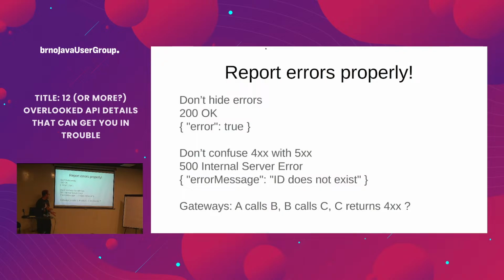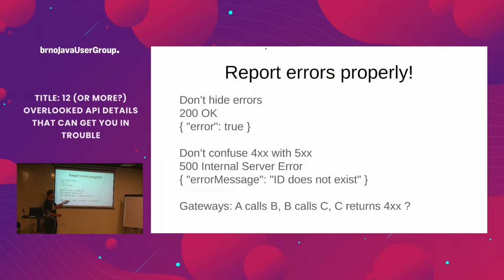One is that A already sent something wrong, so B wasn't able to generate a valid request for C. In that case, the correct way would be that B should have validated the request from A. It shouldn't have called C at all. It should have returned 400 to A with some validation error.